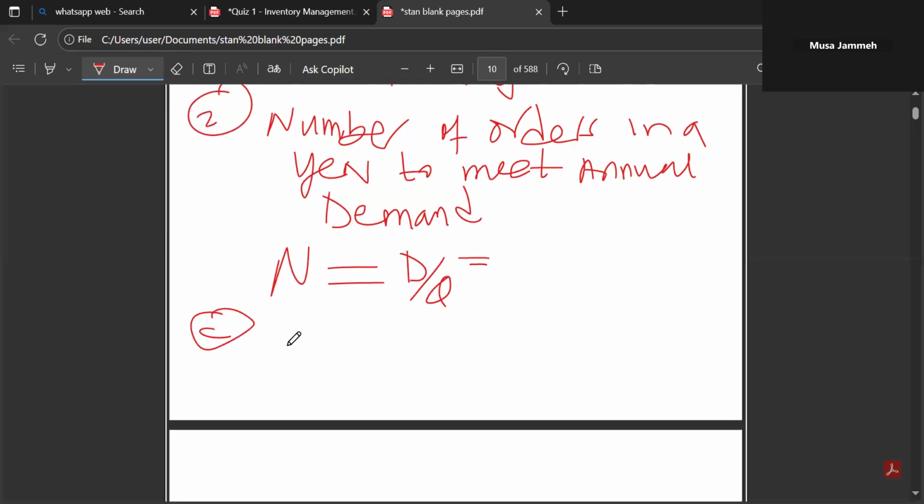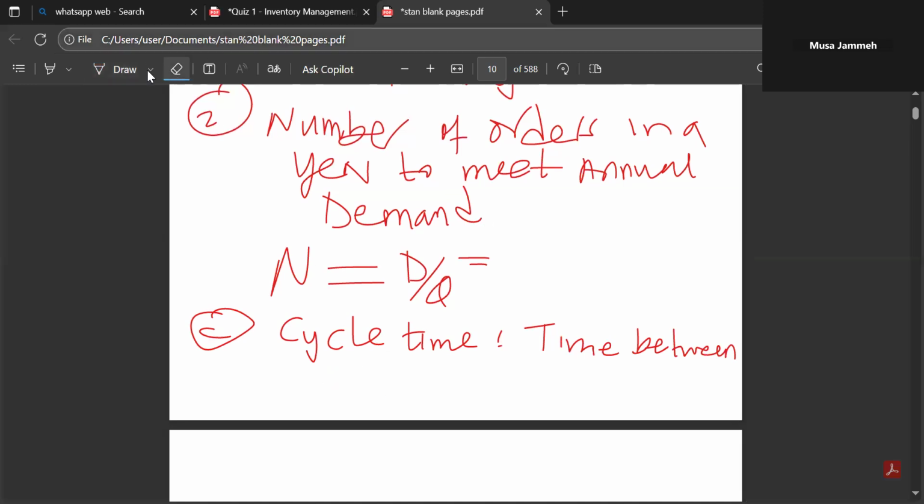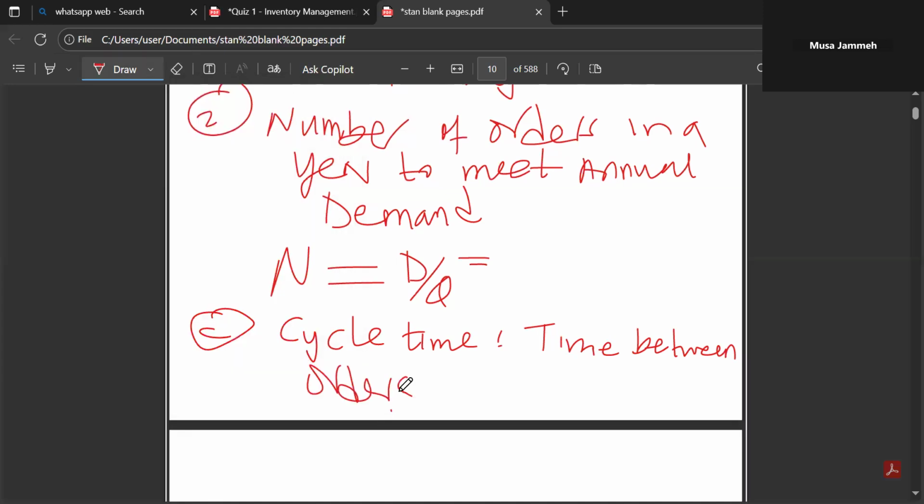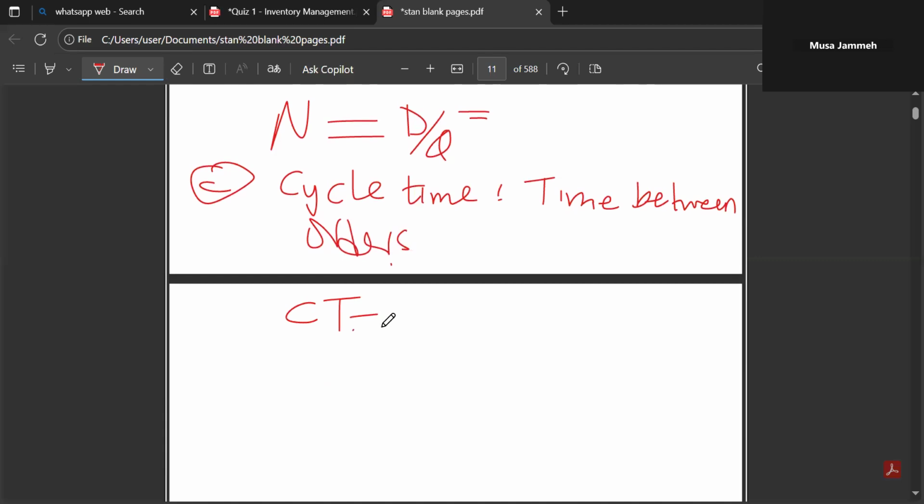Then number 3, we have cycle time between orders. The time between orders, CT, is equal to Q over D multiplied by weeks or days of the year.